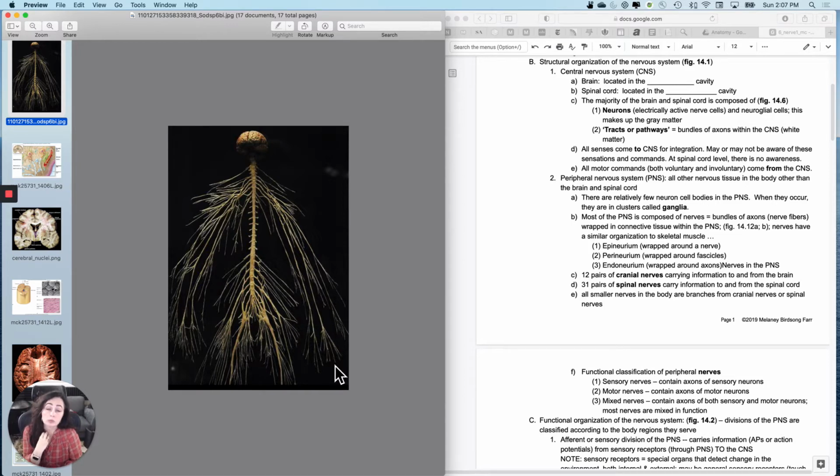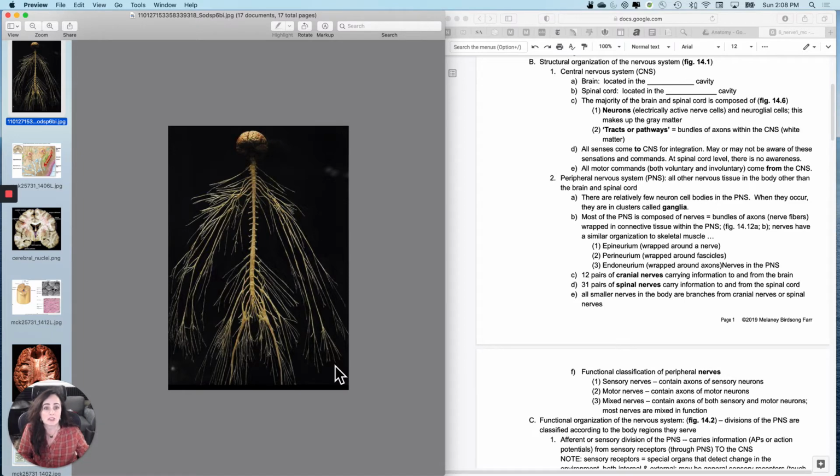So really the only tissue that you ever get to control voluntarily is your skeletal muscle. So every sensation comes to the central nervous system for integration. You're not necessarily aware of it. For instance, right now I'm monitoring my own blood pressure and my own blood pH, but I have no awareness of it. And then every motor command comes from the central nervous system, but I'm only under voluntary control of skeletal muscle most of the time.